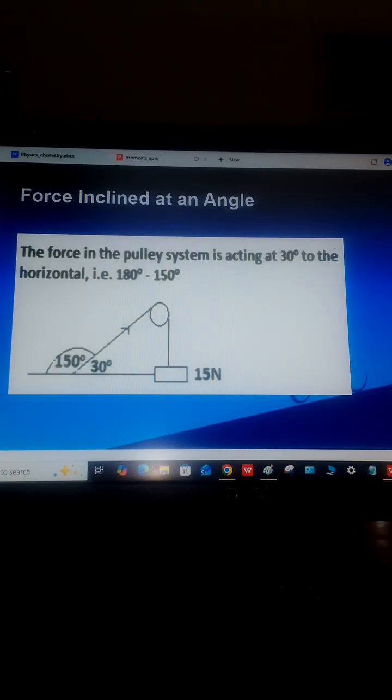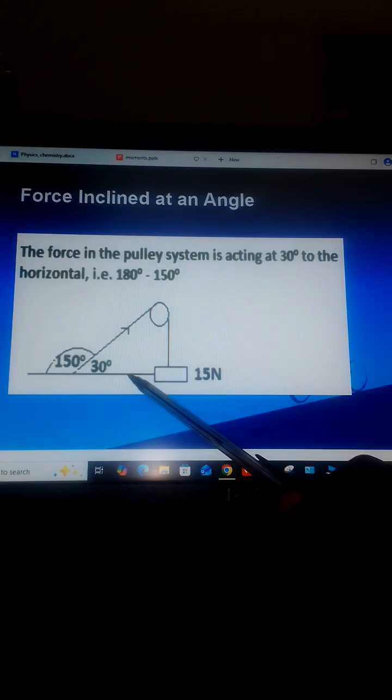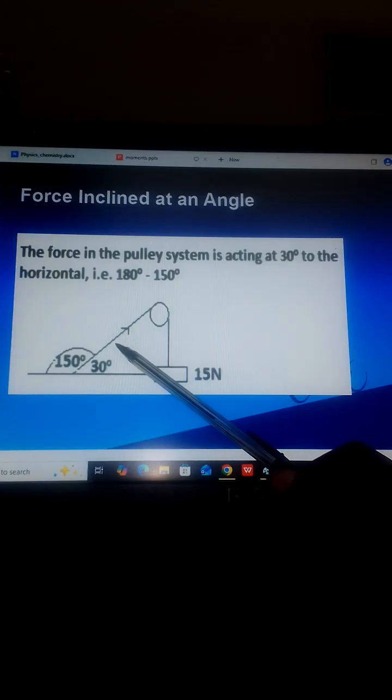We see that the force in the pulley system is inclined at 30 degrees to the horizontal. This angle was given as 150, so this must be 30 degrees. And the force is 15 newtons.